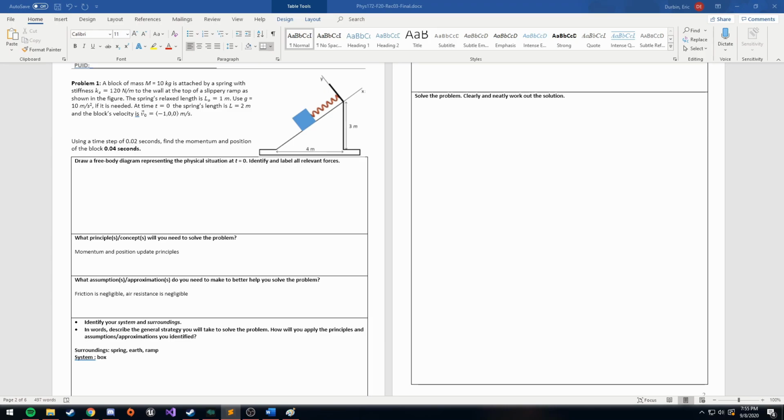Did we already calculate our final position for the first time step, or are we still calculating that? We're doing that right now. Okay, I'll wait. I have it all written down.